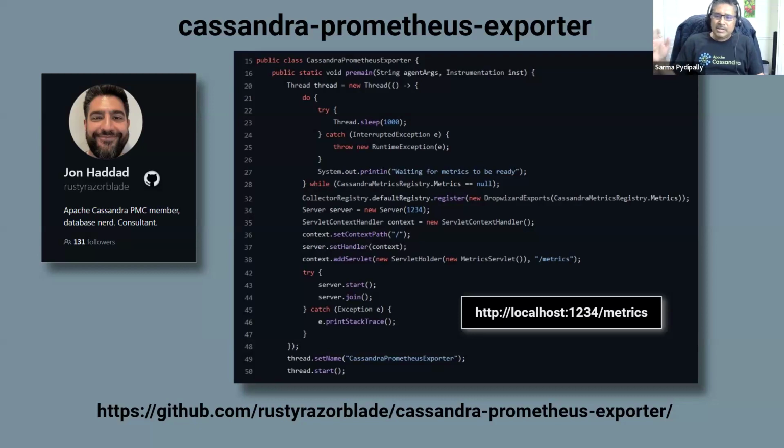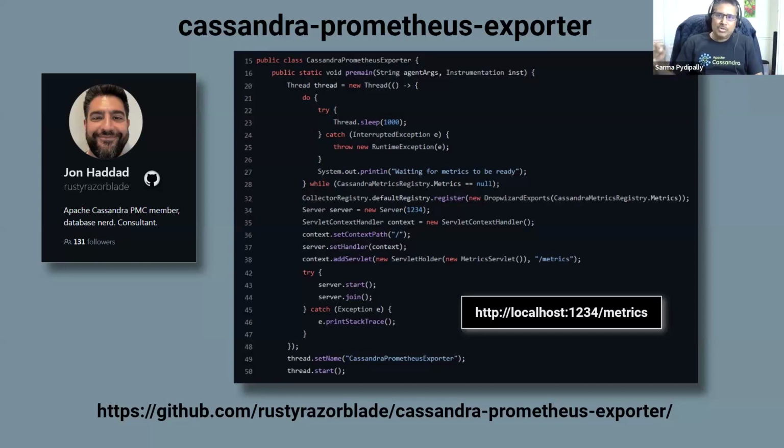Now remember, there is a small issue here: you cannot take all 20,000 or 30,000 metrics and present them to Prometheus, because you need to add extra labels. Relabeling is the main important thing. So you can group them when you look at the cluster view or the node view, even the data center view, let's say, in your observability dashboard. So we need to process a little bit more.